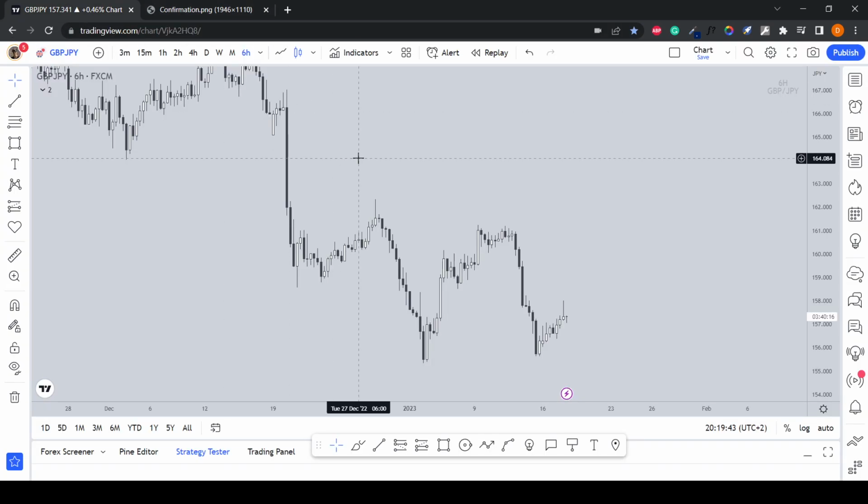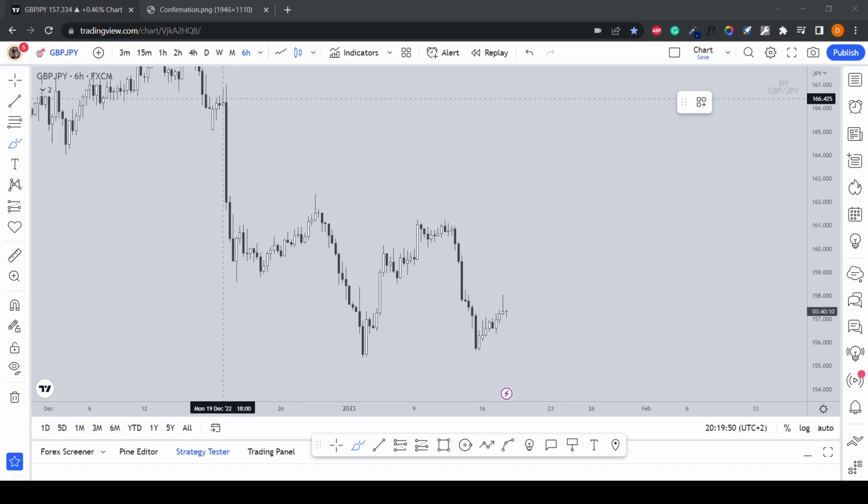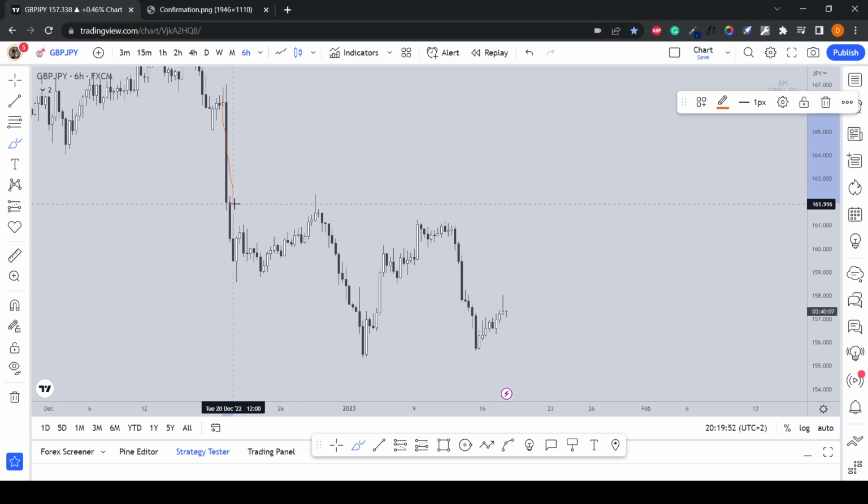On the real chart, it can look like this: a price that is moving down. It created this structural point, and then created this supply zone.